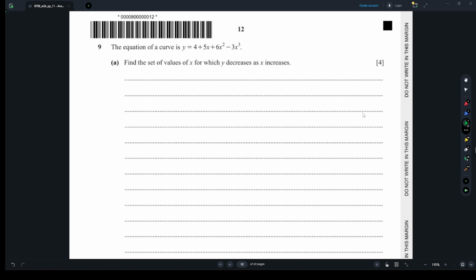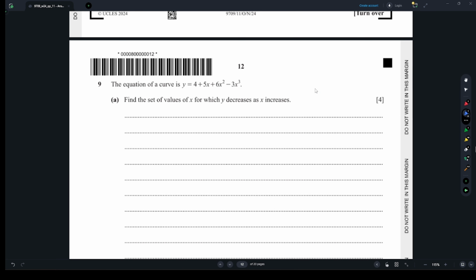So you should remember, when x increases, y decreases. In that case, we find that by considering the gradient of the graph, because I will quickly explain it.